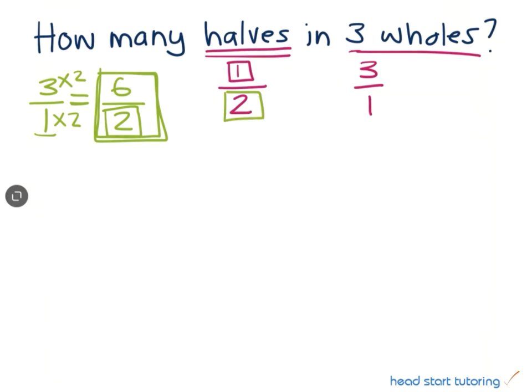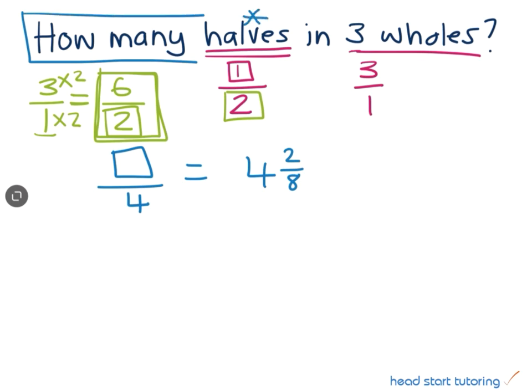How many quarters, and a quarter is something over 4, are there in 4 and 2/8? Let's rewrite this so it's a little bit clearer. How many quarters are there in 4 and 2/8? Obviously this question would be written in words like it is up here, but just for the sake of space, I'm just going to say the question to you.